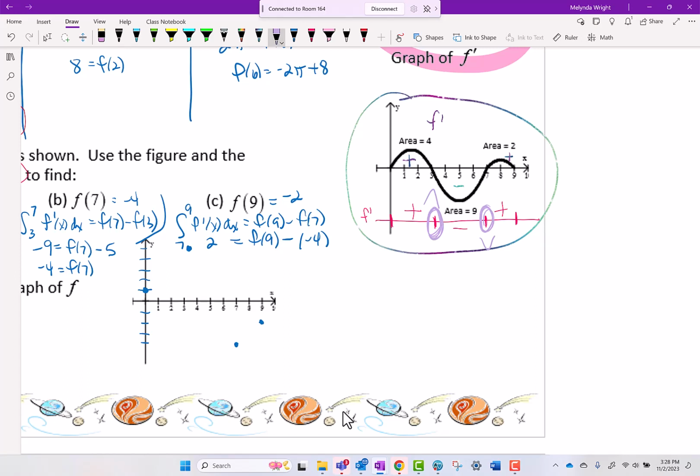Do I have any other relative extrema between 0 and 9? No. How do we know for sure? Because there are no other critical numbers. If you recall, the test tells us relative extrema occur when the first derivative changes signs. So we're kind of safe right here.